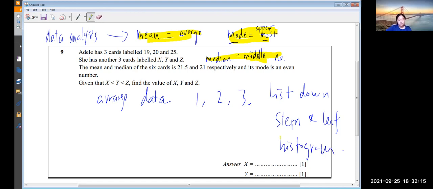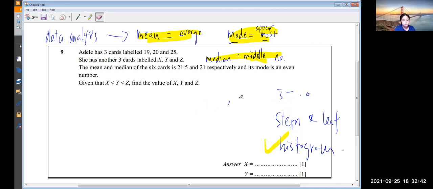I think we covered stem and leaf and histogram last week. Listing down is even simpler, because you just list it down. There are many other ways to arrange data, but I'm just giving you a taste. With this understanding, you need to list down the data now.